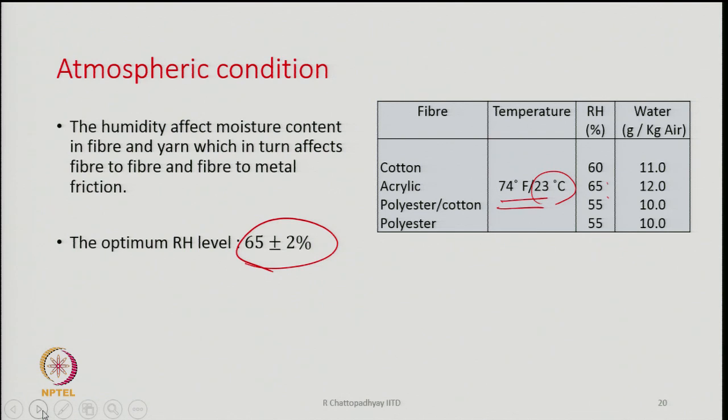If the humidity is too dry for cotton, there will be a lot of breakage, because cohesion will not be there. Cotton absorbs moisture, and due to that the cohesion is better between cotton fibers. Otherwise, the cohesion between cotton fibers will be low if it is kept in a dry atmosphere. Whereas acrylic and polyester will not be affected because they do not absorb any moisture.